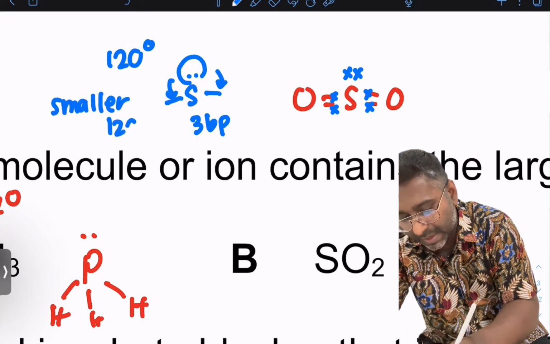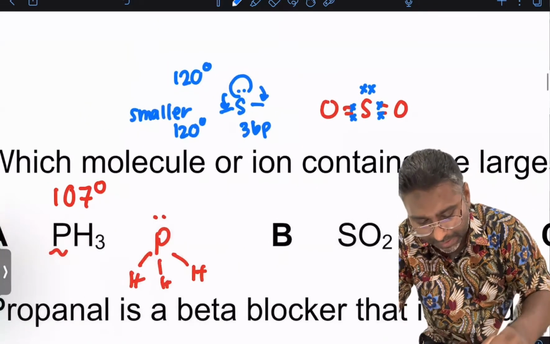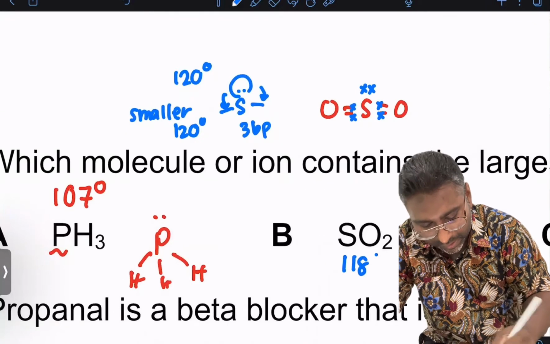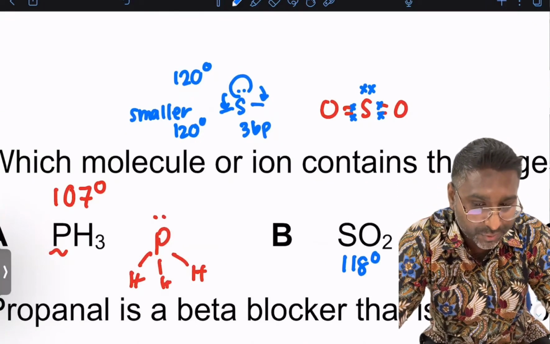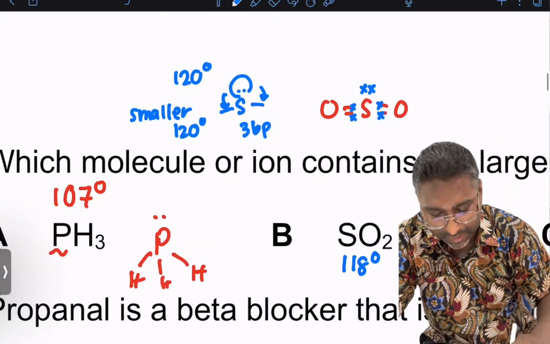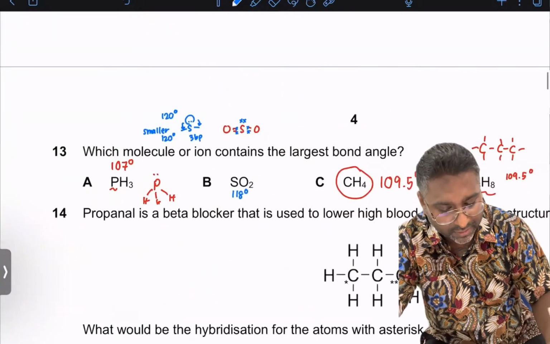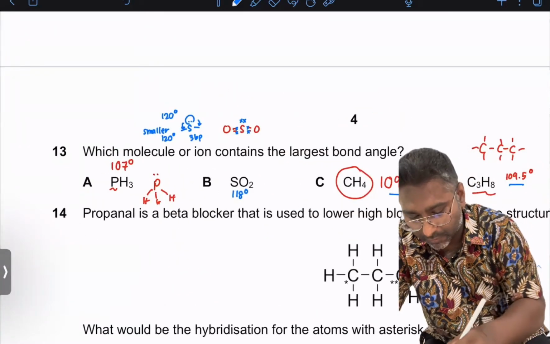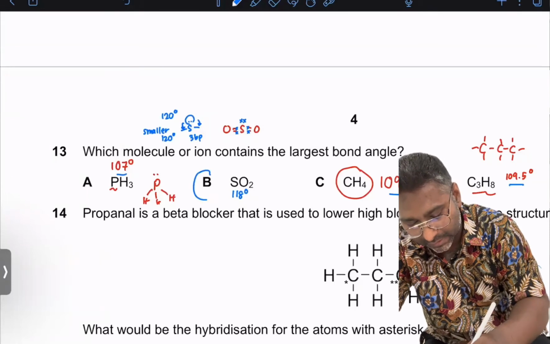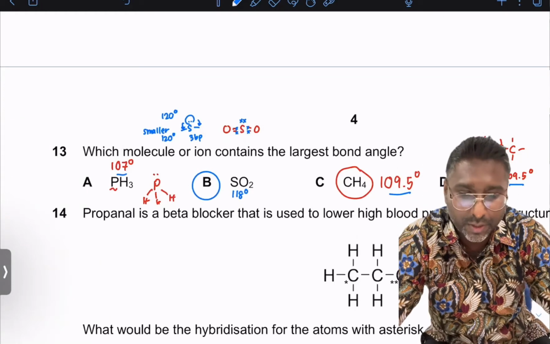So they are not going to be exactly 120. Probably maybe 118 degrees will be the best option. Now they are asking which one is going to be the largest bond angle. You compare, and whatever it is, automatically this is going to be the largest bond angle.